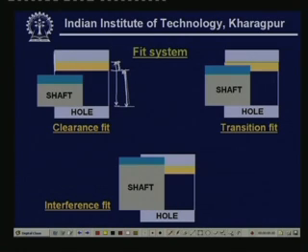In a similar manner, the shaft can have a maximum dimension and it can have a minimum dimension. In this case, we are referring all measurements from this size. Normally, what happens?